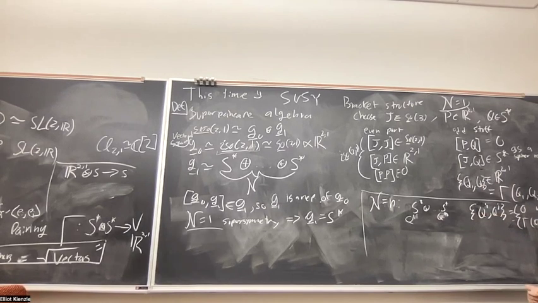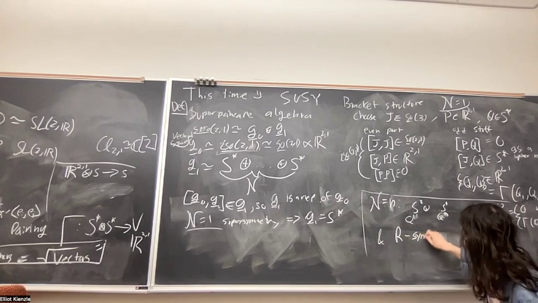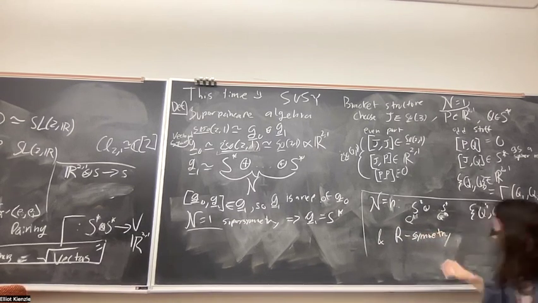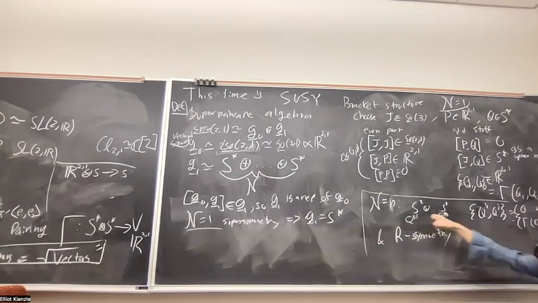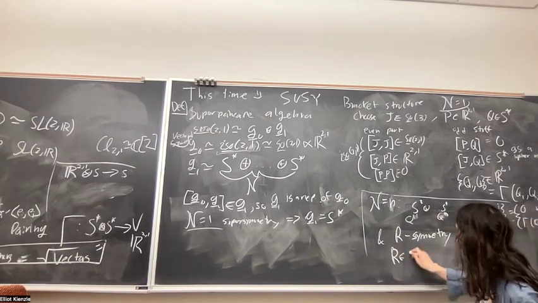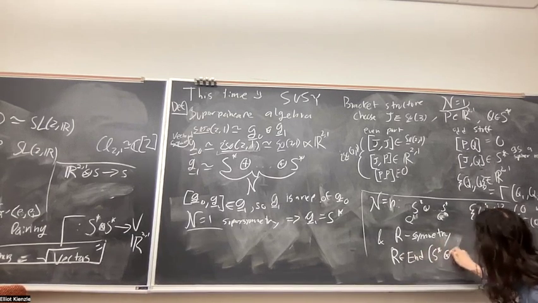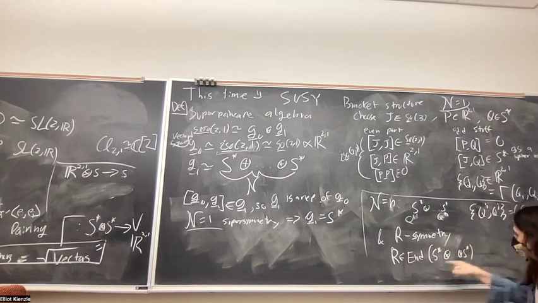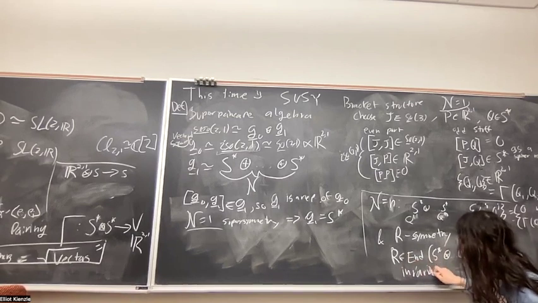Except you do get an extra thing showing up: an extra symmetry called R symmetry that acts only on these. Essentially, R is an endomorphism of S to this vector space, that is, I guess, invariant under J, probably.